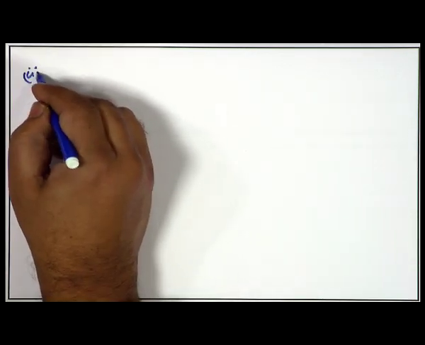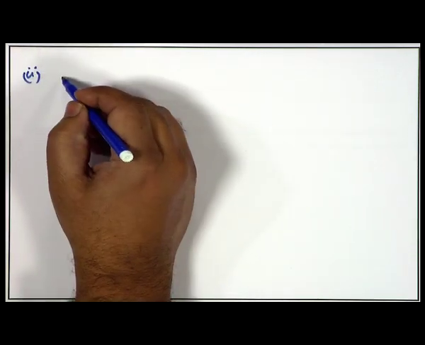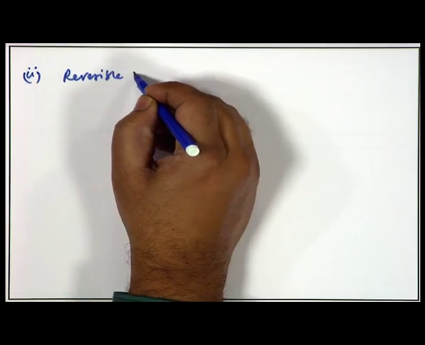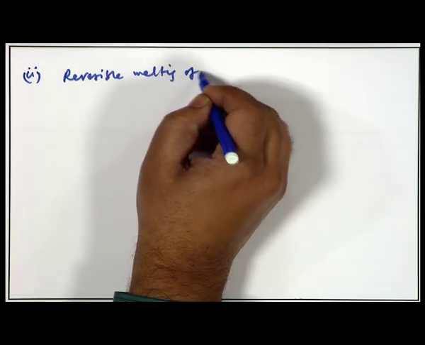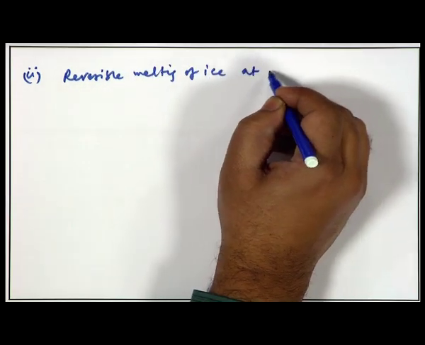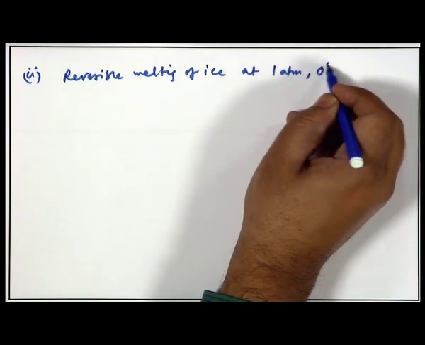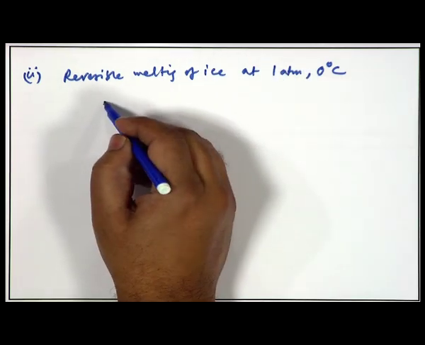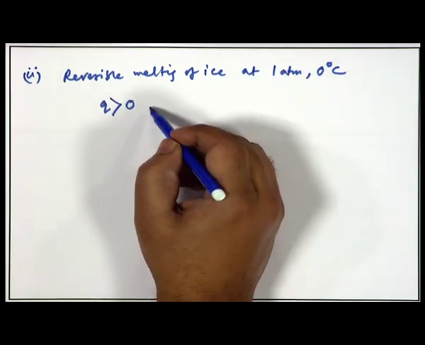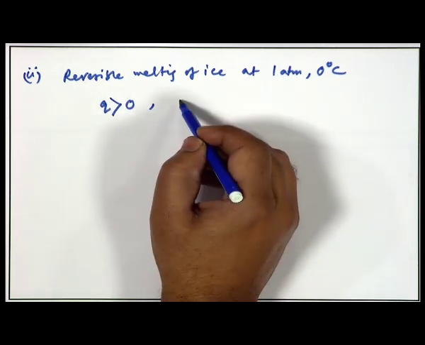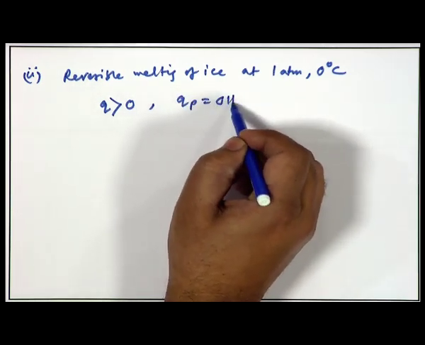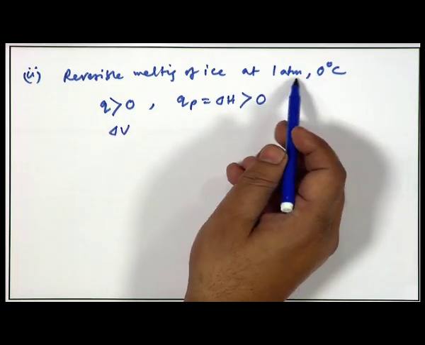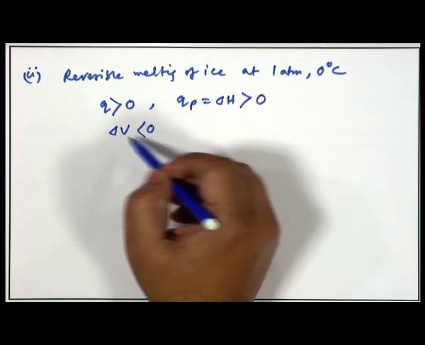That is the first example. In the second example, we will do the same thing, but for ice: reversible melting of ice at 1 atmospheric pressure and 0 degree centigrade. Again, you have to find the sign of q. For melting you have to supply heat, so q is greater than 0 and it is a constant pressure process. So, qp is del H greater than 0. Now, in this case on melting at 0 degree centigrade and 1 atmosphere, volume actually drops.